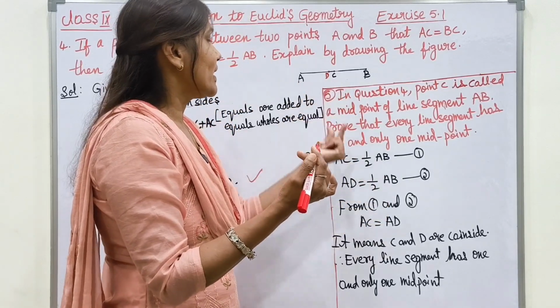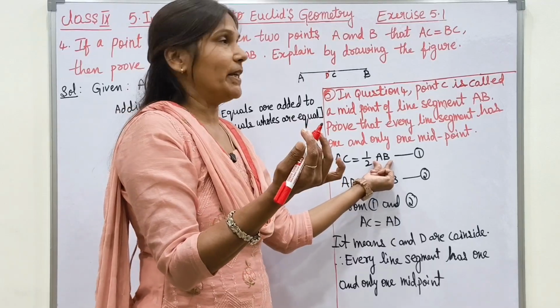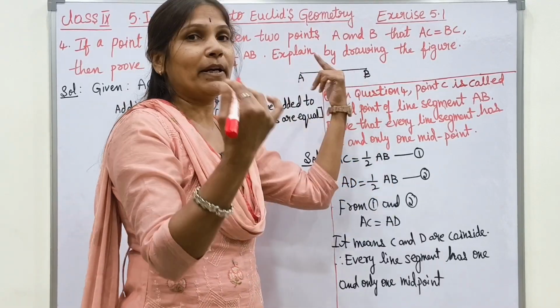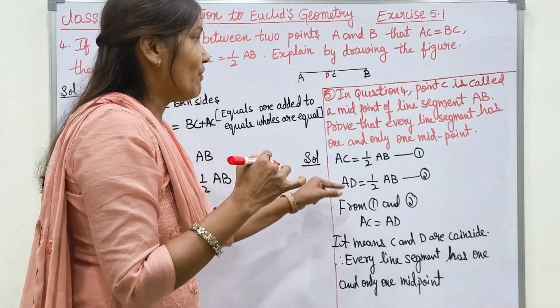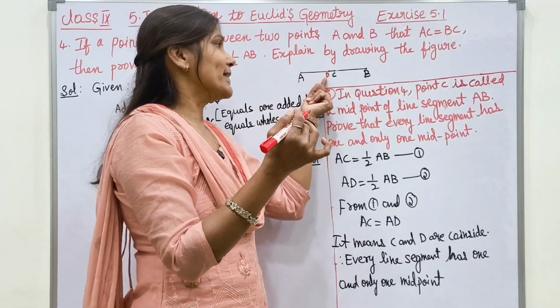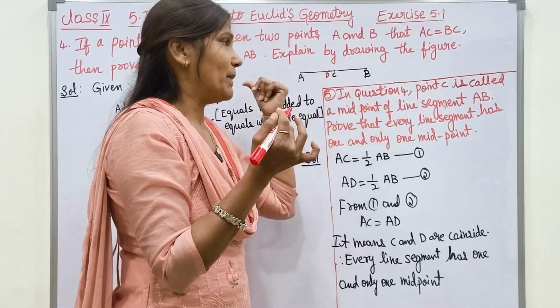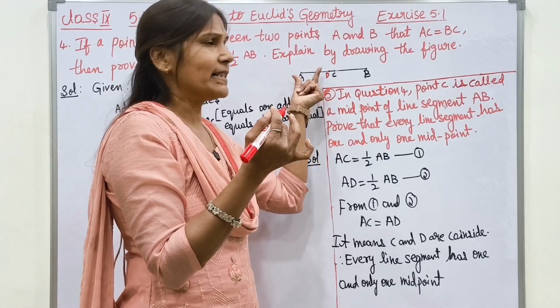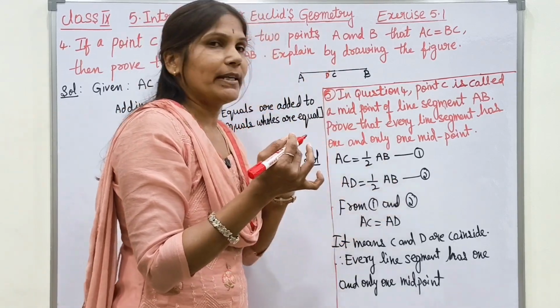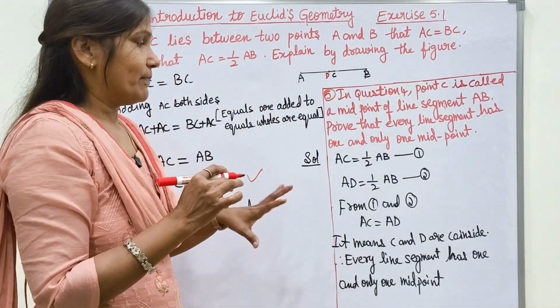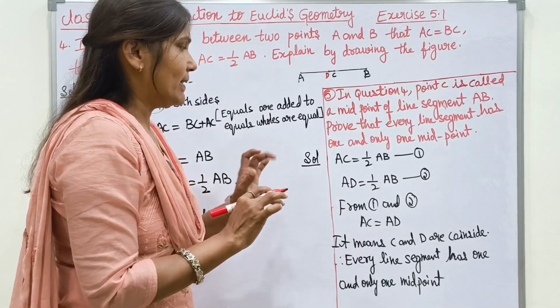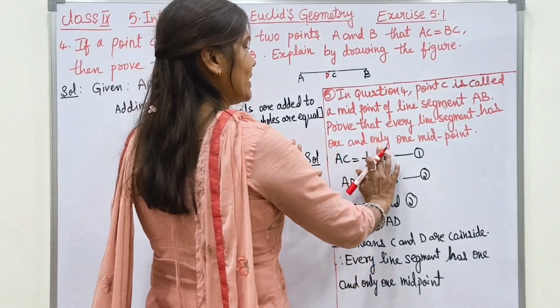In the fourth question, AC is equal to half of AB, which means C is the midpoint of AB. But now I am taking one more midpoint, that is D. So this means AD is half of AB. D is the midpoint means AD is half of AB. Now you write this as the second equation. So from equation 1, see here, this is the left side, this is the right side.